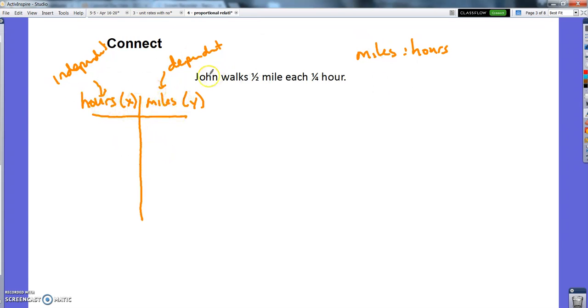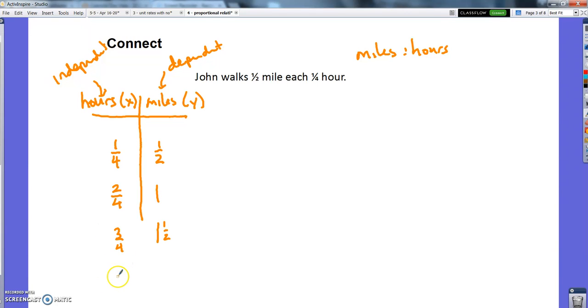So when you look at that, we can make a whole lot of pairs. If you walk 1/4 of an hour, that's 1/2 of a mile. In 2/4 of an hour, 1 mile. In 3/4 of an hour, 1.5 miles.